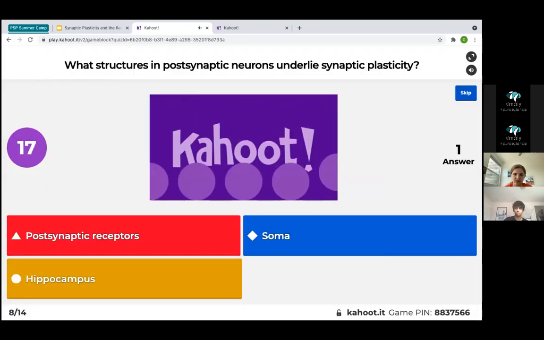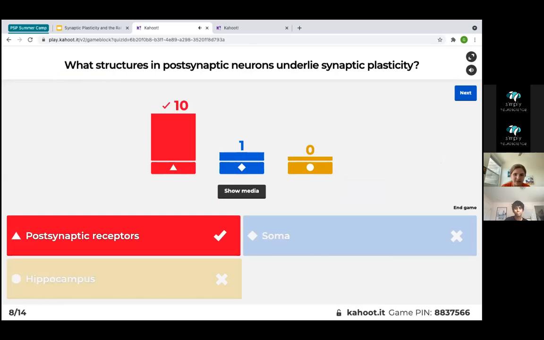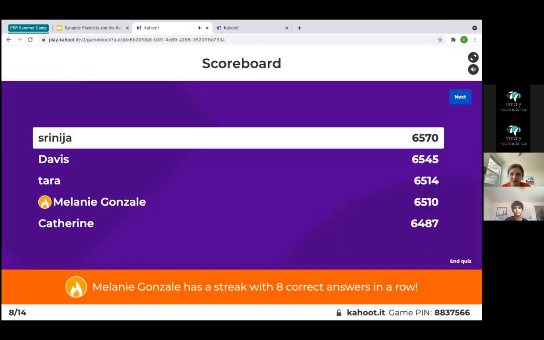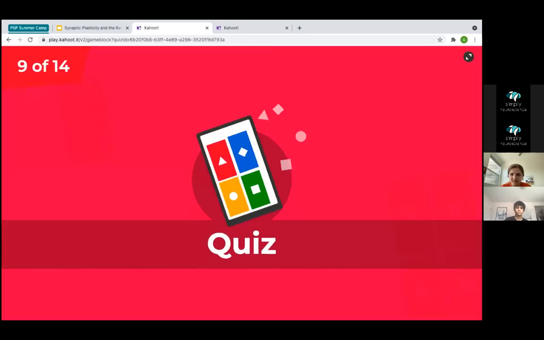So what structures in postsynaptic neurons underlie synaptic plasticity? Could be the soma, hippocampus, postsynaptic receptors. Awesome. So the soma is going to be the cell body, so it's going to be the postsynaptic receptors that are going to be involved in that. All right.